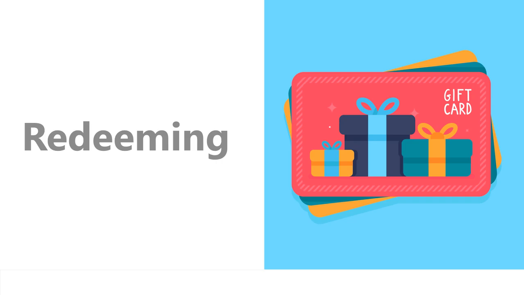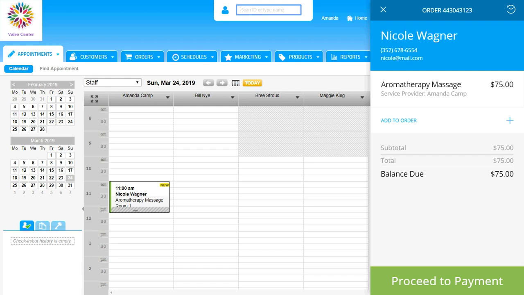Now let's go over how to take gift certificates and gift cards as payment. Here are the steps to close an order with a gift certificate or a gift card as payment. So once we're in the order, we can click Proceed to Payment.